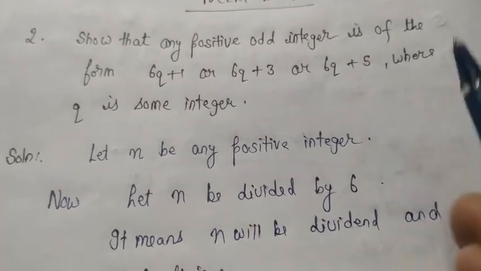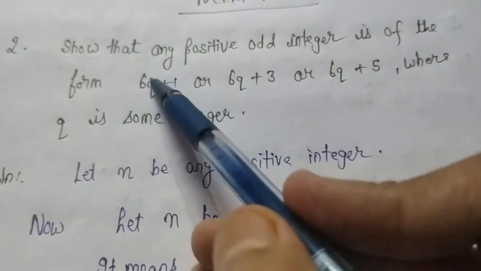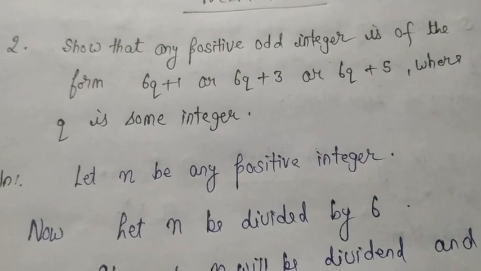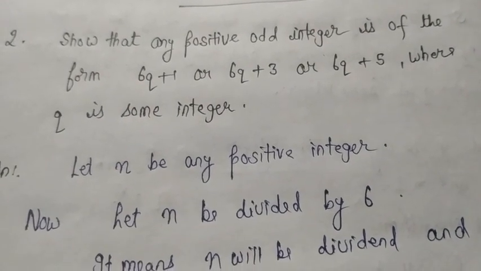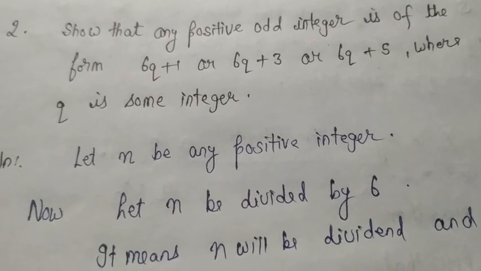I am going to repeat this question again. Show that any positive odd integer is of the form 6q plus 1, 6q plus 3 or 6q plus 5, where q is some integer.